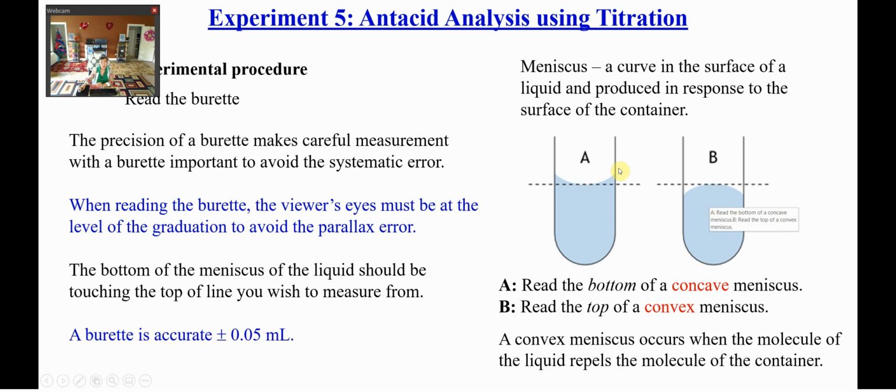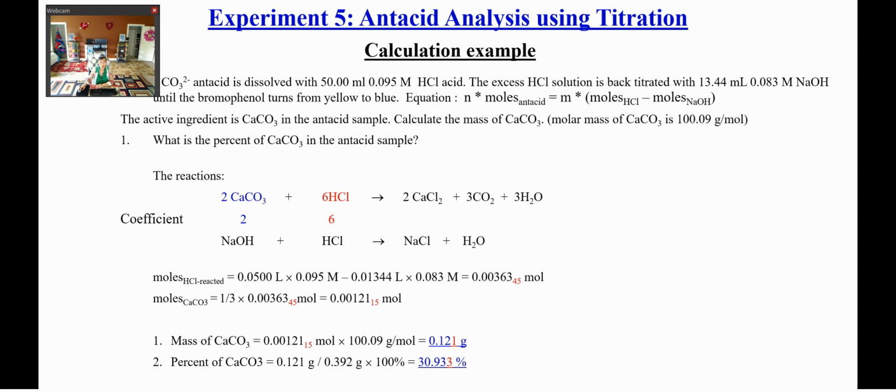For concave, when you read it, your eyesight is parallel to the tangent of this curved down region. For convex, which curves up, you read the value based on the tangent of this up curved surface. That's how you read the different types of burette.